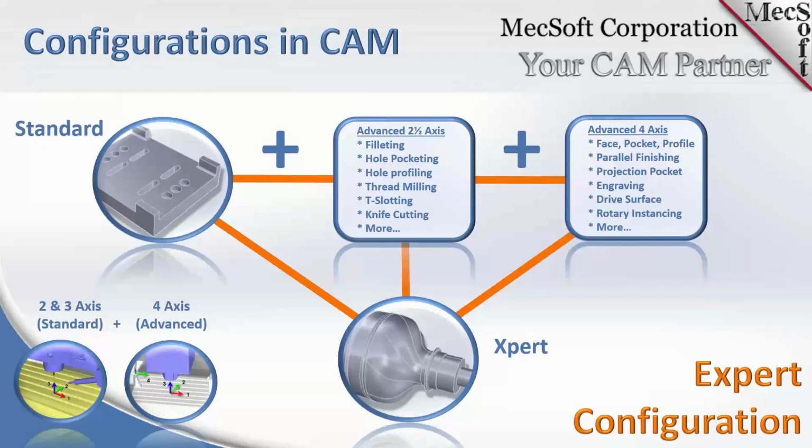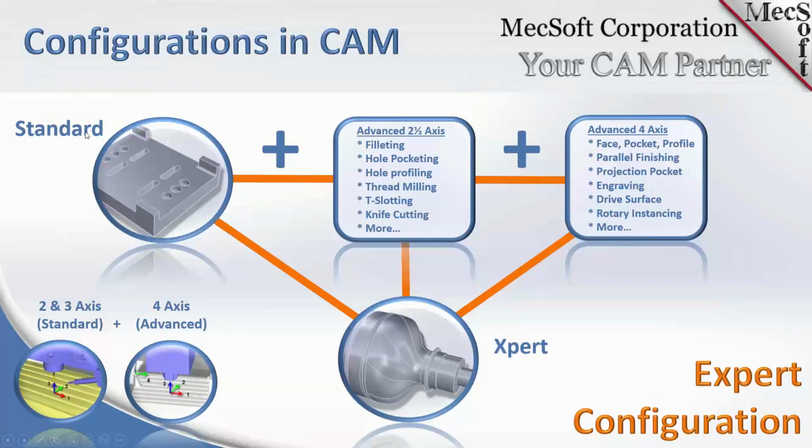So if you have parts that are radial in nature that you want to machine, and your machine has 4-axis capability, a radial axis that you can either attach to your router or built into the configuration of the machine, you can take advantage of the Expert configuration and cut parts on a radial axis. Similar to a lathe, but with different types of operations that you can do in 4-axis.